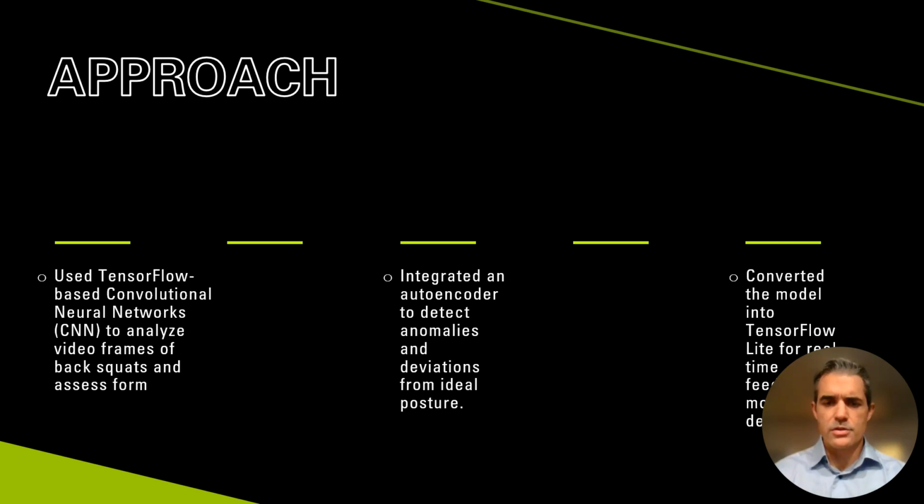As soon as the stop recording is done, the application runs the inference on the video and gives you a feedback score from 0 to 100 based on how well the model judged your back squat.